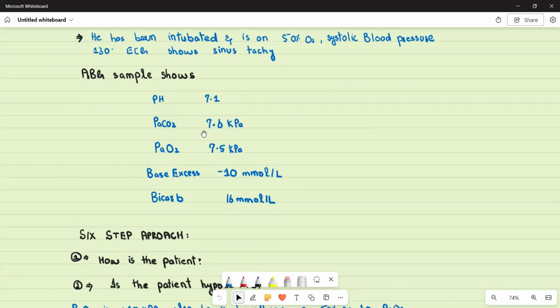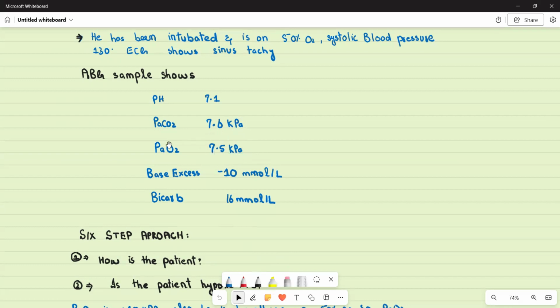All right. So we are going to interpret this ABG report using our 6-step approach. How is the patient? You've been told the details here. Is the patient hypoxemic? The PaO2 is 7.5 kilopascal. Is this hypoxemia? Yes, because the normal partial pressure of oxygen is 11 kilopascal, and this is less than 11 kilopascal.